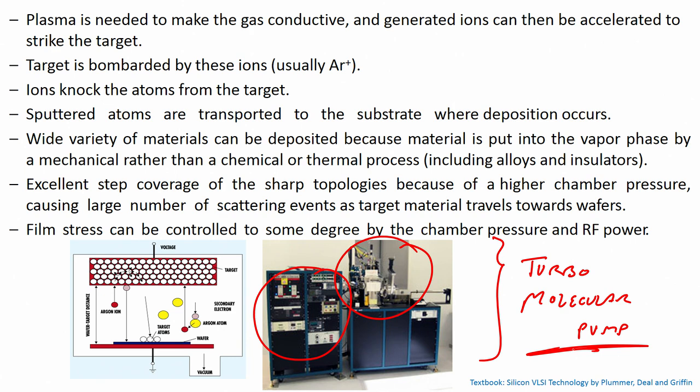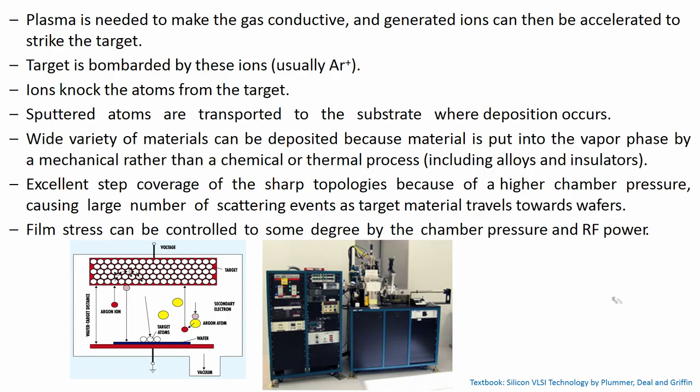There are vacuum gauges to measure the pressure, and then there is an RF source or DC source, depending on whether it is RF sputtering or DC sputtering. You have to load your source, which is a plate, onto the source holder like this.